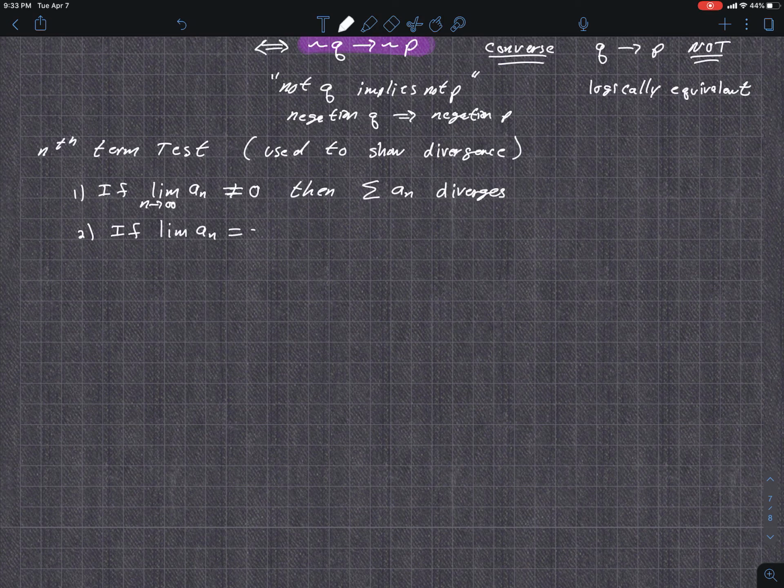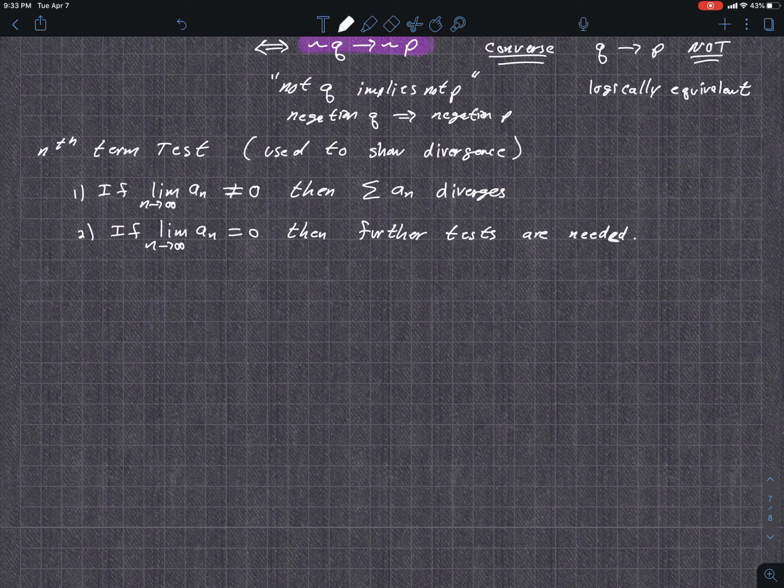Okay, so if the limit of a sub n equals zero, then let's just say further tests are needed. Further tests, examinations, whatever.